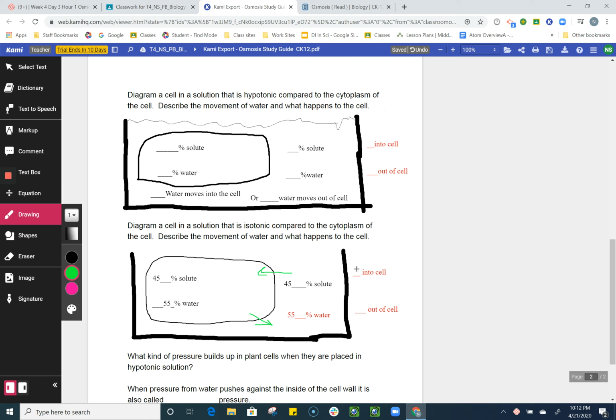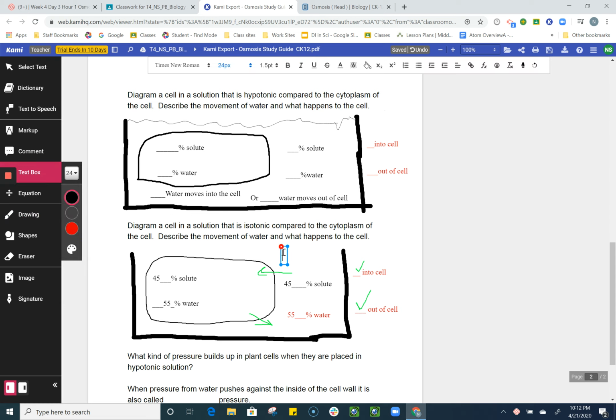So basically, you could actually check here into the cell, out of the cell, and then I would put at the same rate. You could actually open up your own text box. You can click on text box and you can come over here and put water moves at same rate. You can actually type it in there, okay?